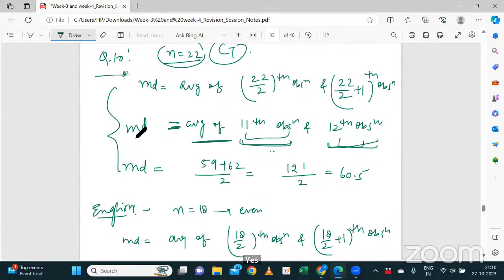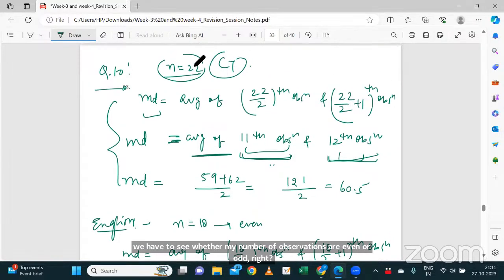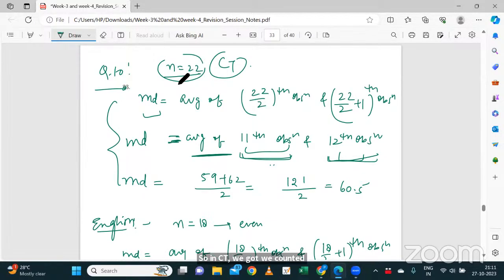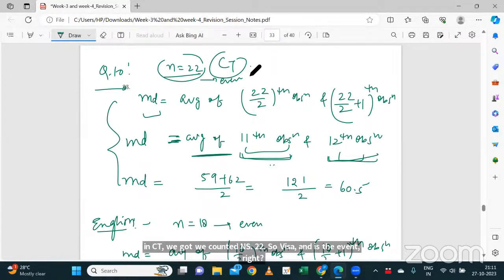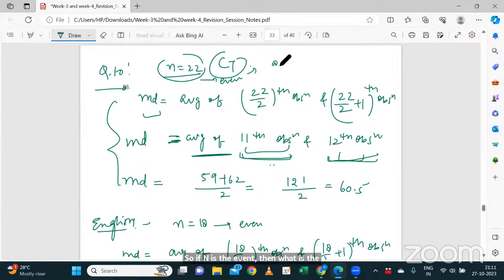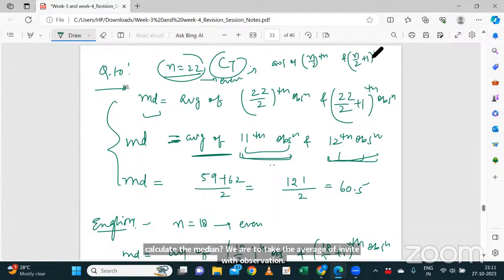Okay, so what is the median first of all? First we have to see whether the number of observations is even or odd, right? In CT, we counted N as 22, so N is even. If N is even, then the median is the average of the N by 2th observation and the N by 2 plus 1th observation.